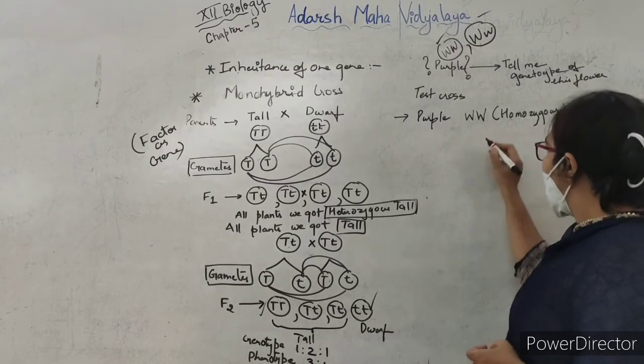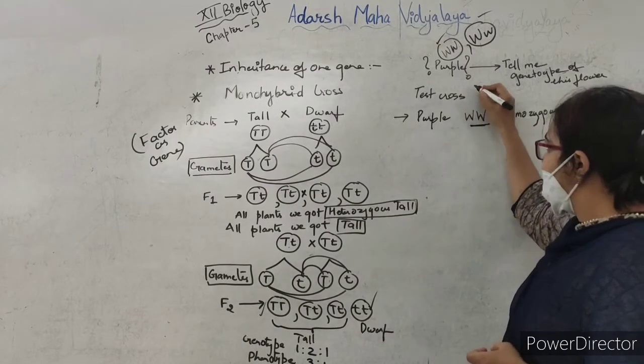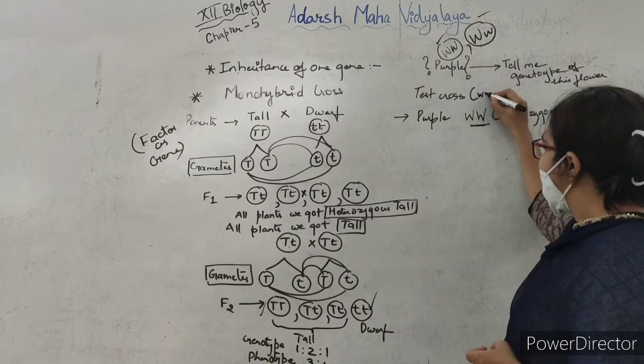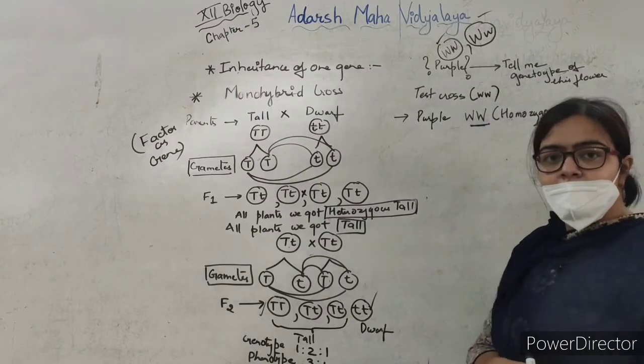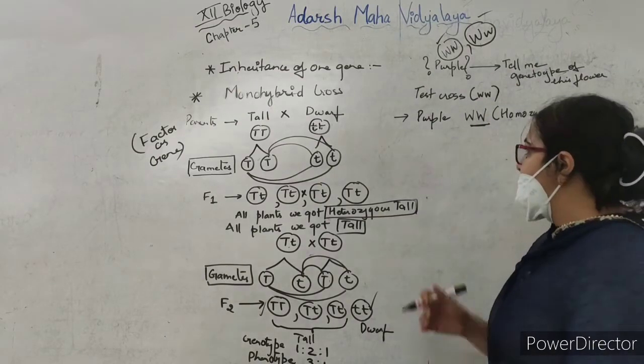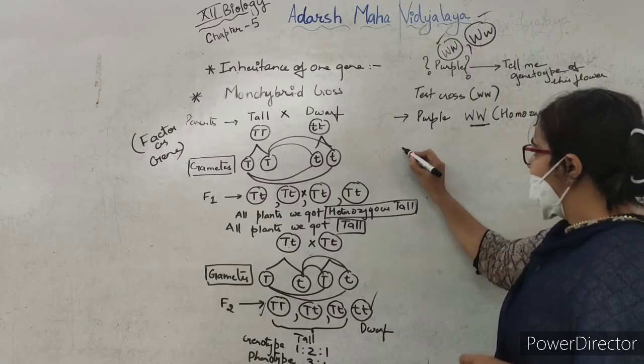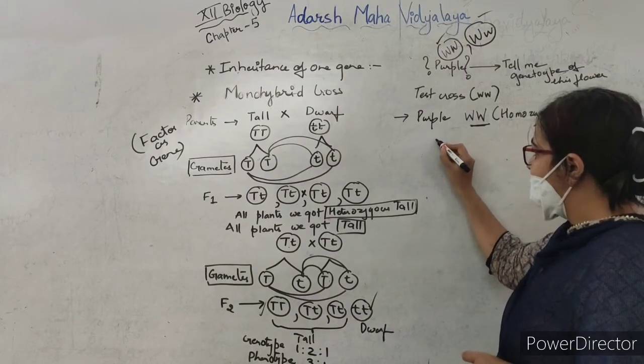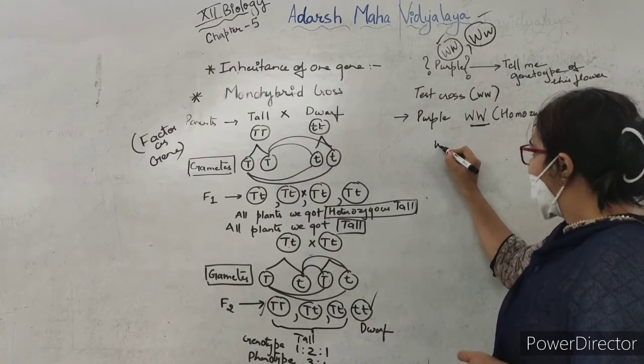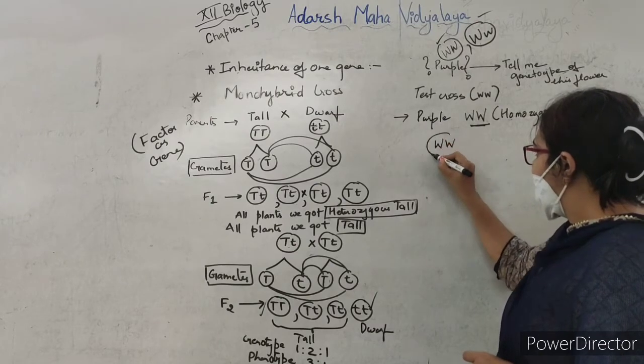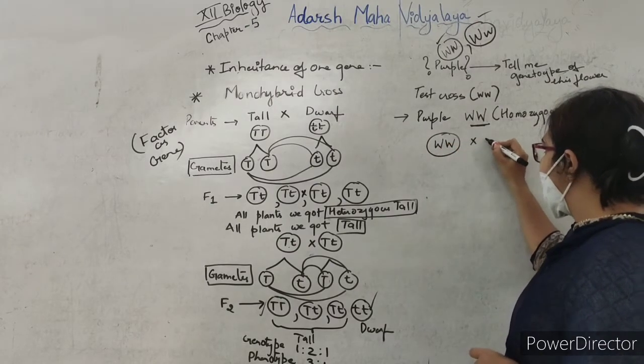So you will cross this with the recessive parent, that is this one, that is the white flower. So here we will do the crossing, like we are supposing this.